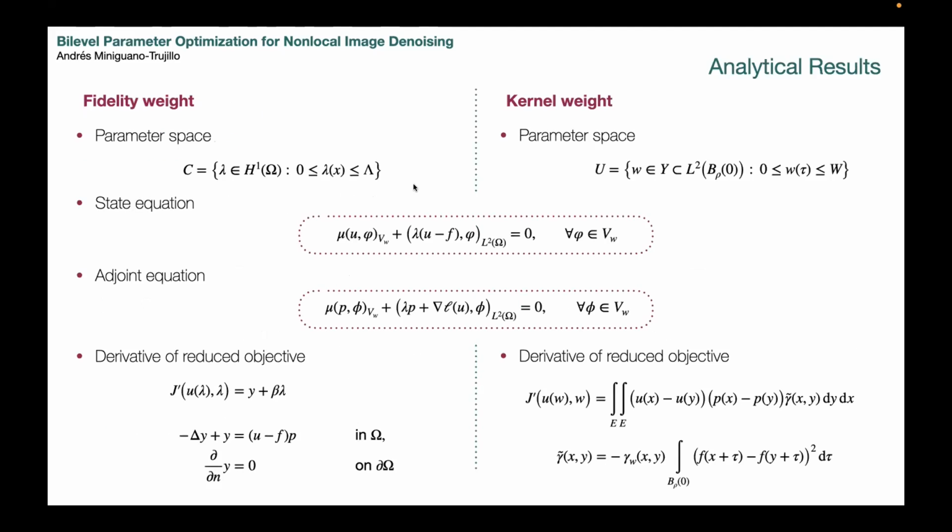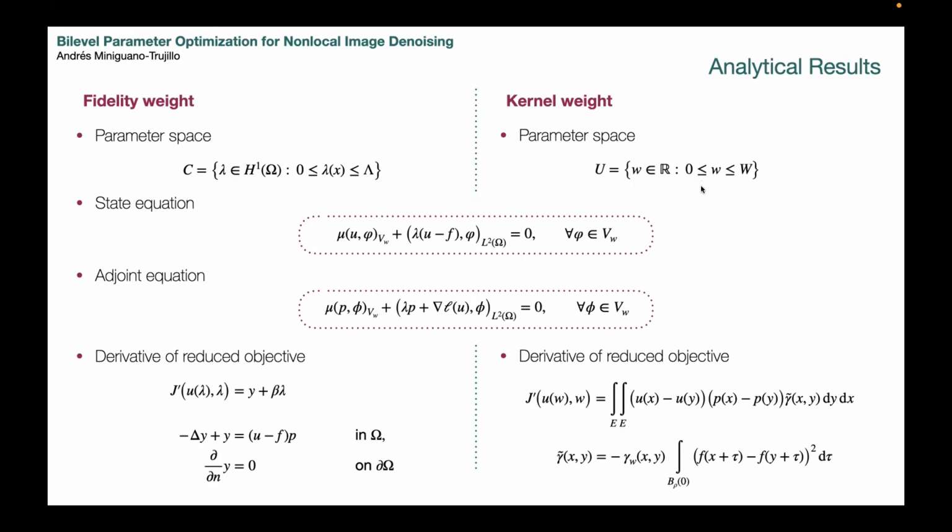In terms of the fidelity term, we optimized it on a functional space with at least one derivative that is bounded. And in the case of the kernel, that was done on a finite dimensional space inside the square integrable functions that are also bounded. But since it's finite dimensional, we can actually consider this just as a closed interval.